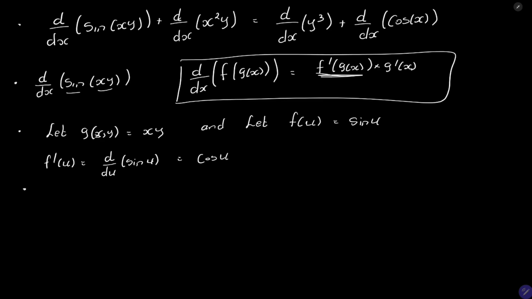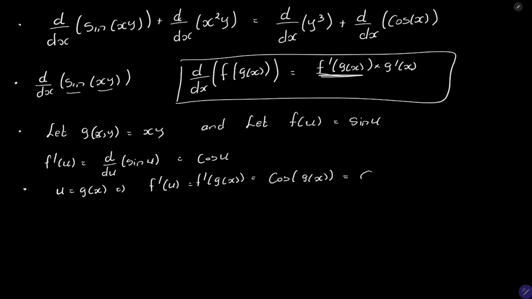Substituting u equal to g of x, f prime of g of x is the function cos of g of x, which is cos of xy.